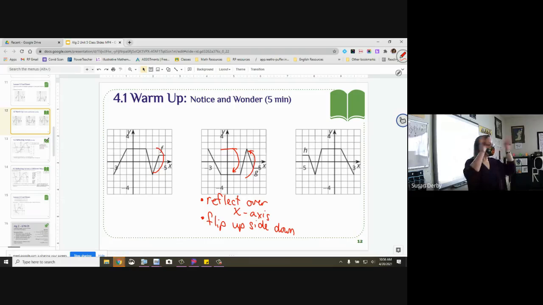What we have is a vertical flip going on here. We want to use all of these terms together. We have a vertical flip, upside goes down, downside becomes up, and we reflect it over the x-axis.